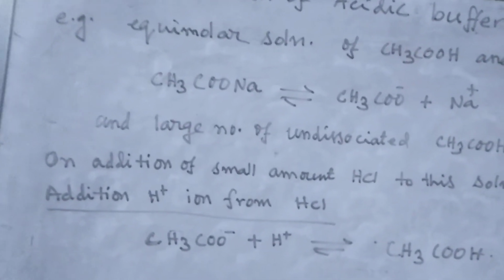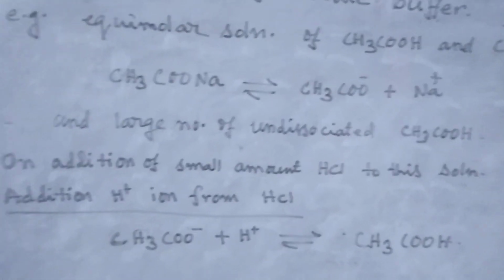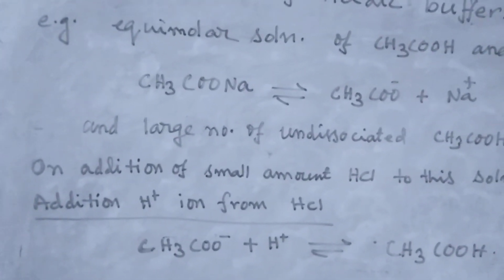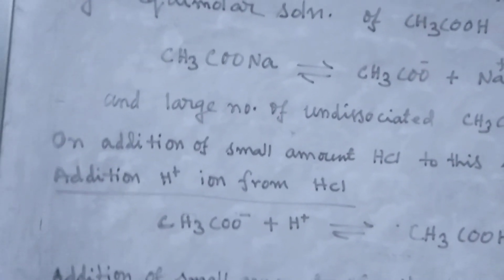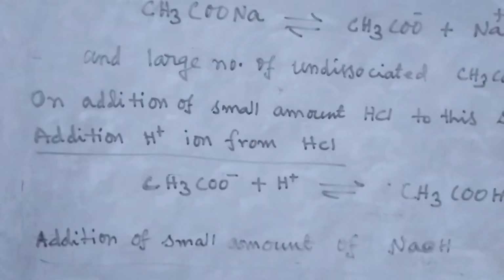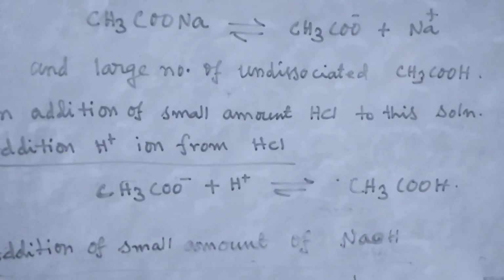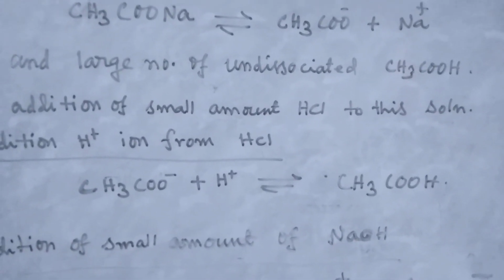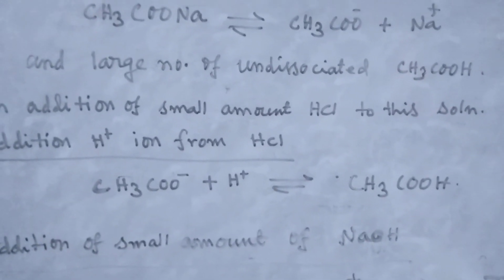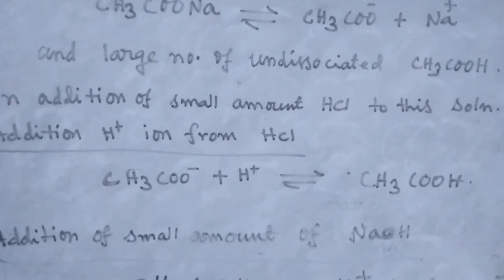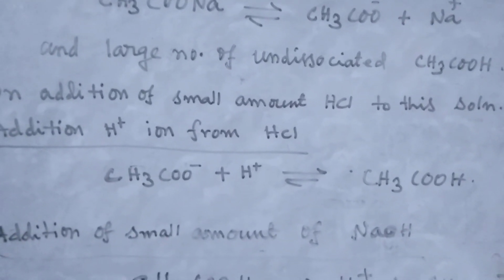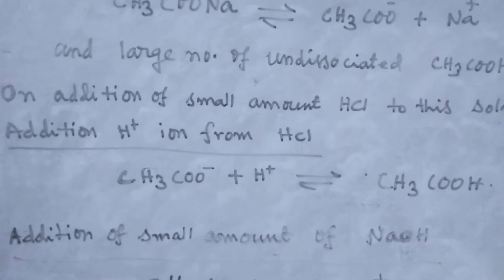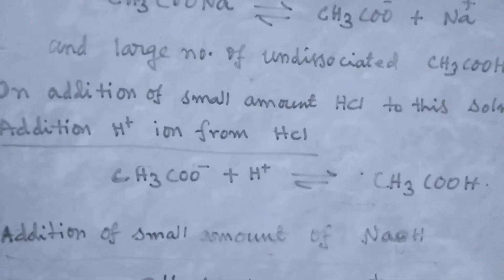Now, on addition of a small amount of HCl to this solution, HCl will provide H+ ion. This H+ ion will combine with the acetate ion present in the buffer solution and form undissociated acetic acid. So the addition of H+ ion from HCl will not change the pH, because the pH is preserved by the acetate ion.